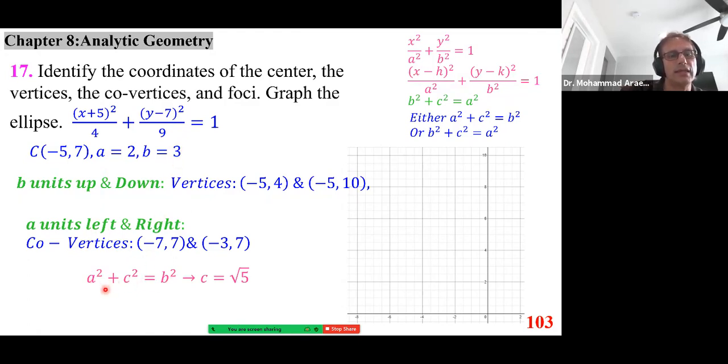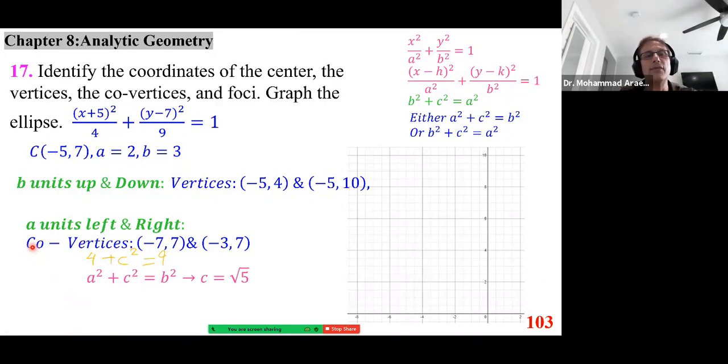I hope you realize that from here. It's a positive value. So from the center, you go square root of 5 units.